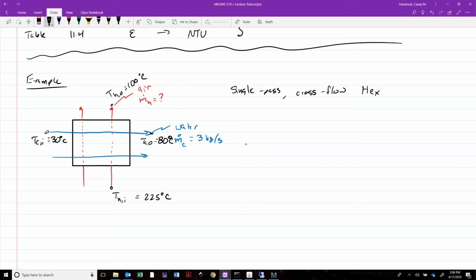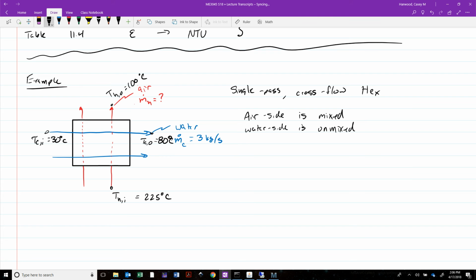The last detail here, which I won't belabor, is that the air side of the heat exchanger is what's known as mixed, and the water side is unmixed. This has to do with the practice of putting fins or other types of geometric features into the flow on one side or the other that can stir the flow up and distribute the temperature more evenly on one side.